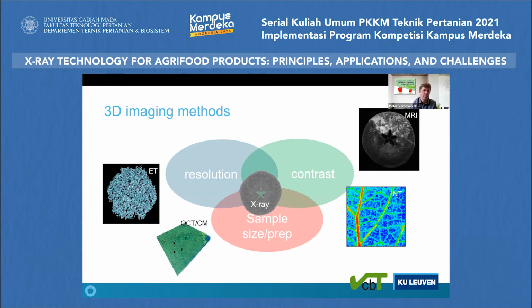On the right-hand top, you see MRI, magnetic resonance imaging, which is also one of these methods that are used a lot in medical applications, but we see more and more that it is being used also to explore food products. MRI is very convenient if you want to explore, for instance, water content and water distribution inside products.